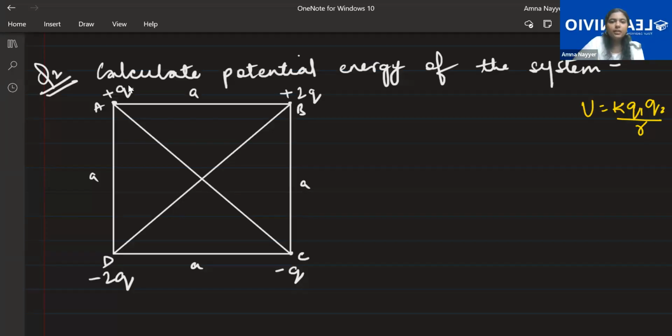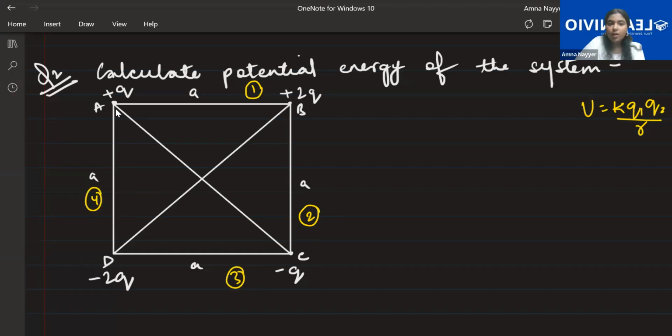So between Q and 2Q, I am able to see that yes, they will be able to exert force. Means you can see the interaction. Are these two charges interacting? Yes, they are. They are separated by distance. So here you will get a potential energy. Likewise, these two, you get a potential energy.